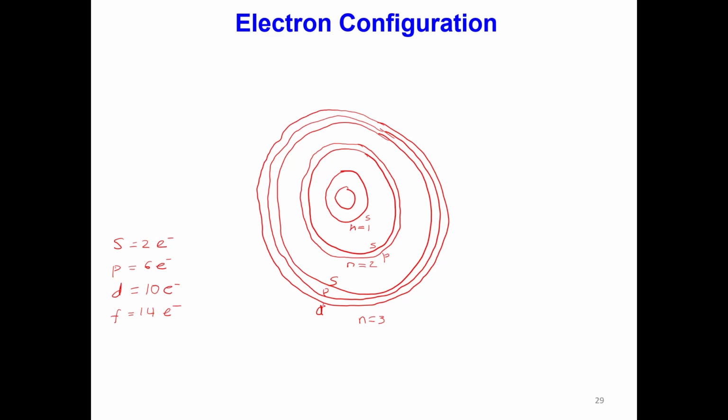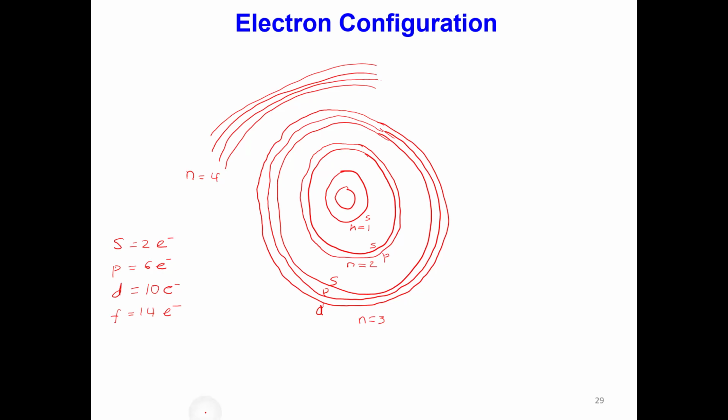And let's write here n equal 4, but I will just do some portion because it's too big. This corresponds to n equal 4 because n equal 4 has 4 subshells.